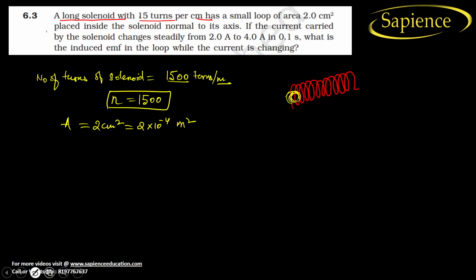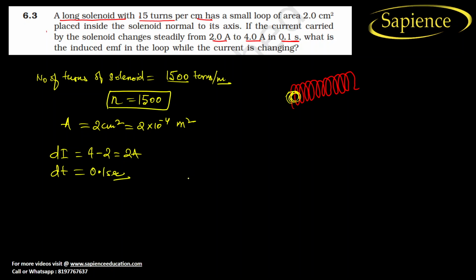See here, the current changes from 2 to 4 in a time period of 0.1 second. So let us put here the change in current, di, will be 4 minus 2, that is equal to 2 ampere, and the change in time is equal to 0.1 second.